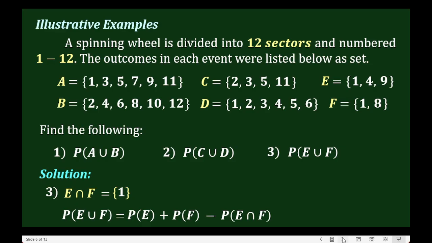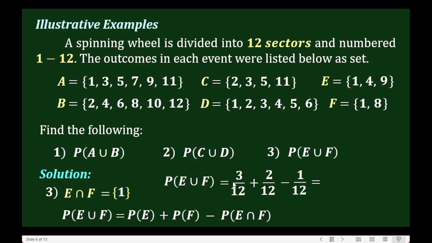Now for P of E, we know that set E has 3 elements, so that is 3 over 12. Plus P of F, F has 2 elements, so that is 2 over 12. Minus the probability of their intersection. Their intersection has only one element, which is 1. So that will give you 1 over 12.